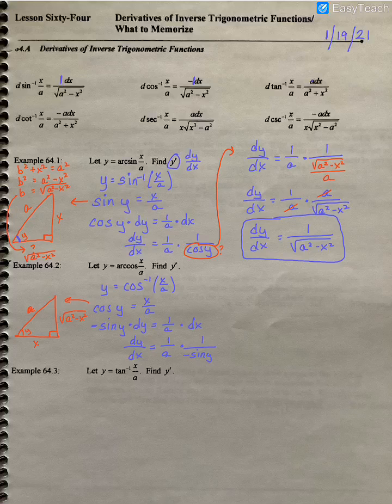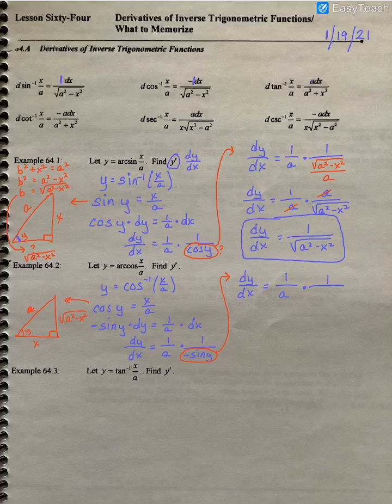Again, if we're doing dy dx, we need our answer to be all in terms of x. And right now we have a y. So we're going to have to replace that negative sine y. So, continuing to work, dy dx is equal to 1 over a times 1 over negative sine y.